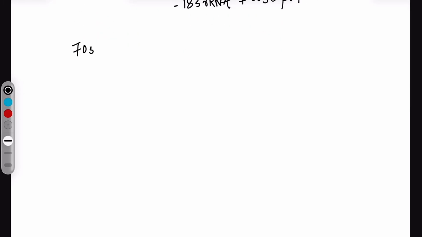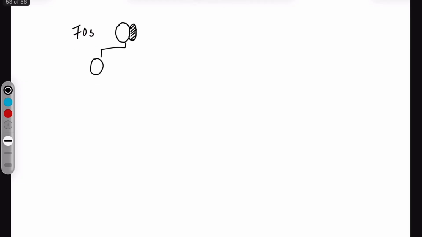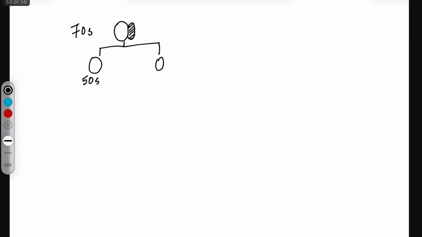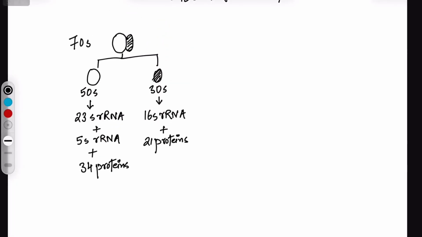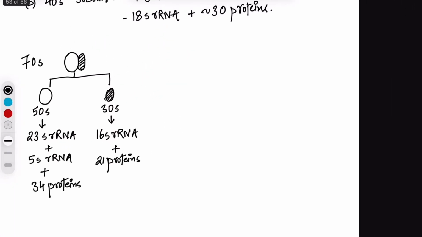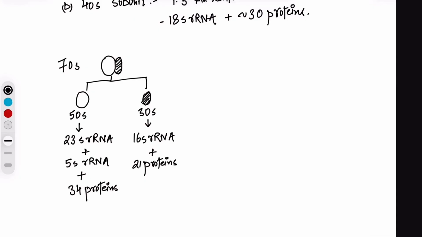Now, if we compare eukaryotic and prokaryotic ribosomes, the 70S ribosome of prokaryotes comprises the 50S and 30S subunits. The 50S is made up of 23S and 5S rRNAs in addition to 34 proteins, and the 30S subunit is made up of 16S rRNA in addition to 21 proteins. The S here denotes the ribosome units, which are made up of rRNA and proteins.